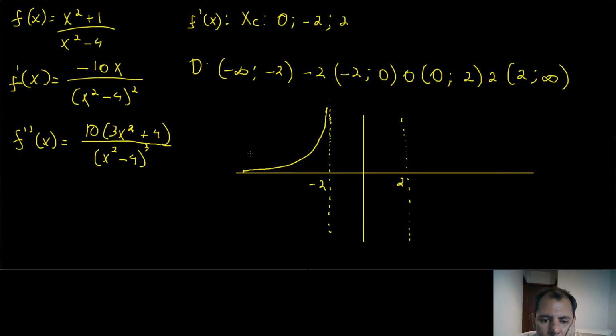Let's try if it's -1.9. So this is going to be positive, and this is going to approach 0. Let me think. Oh yeah, the denominator is going to be negative. That's right. So it's going to be negative. At 0, the first derivative is going to be 0, and the second derivative, negative here and positive here, so it's going to be negative.